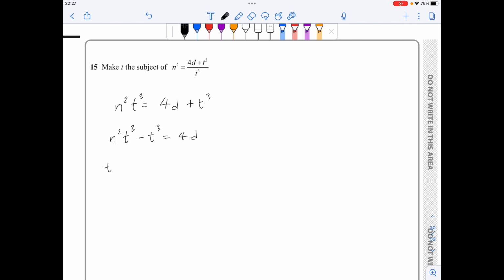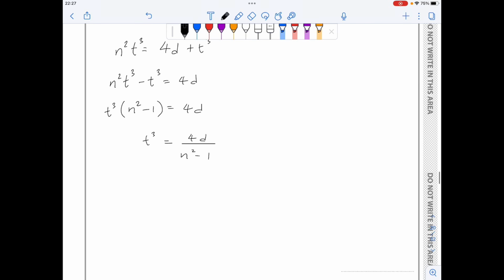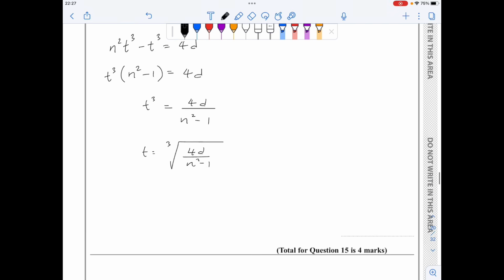Now I'll take t cubed as a common factor. I'll have n squared minus 1, and then on the other side 4d. I'll then proceed to divide by n squared minus 1, and finally I will take the cube root of the right hand side, and this is my final answer.